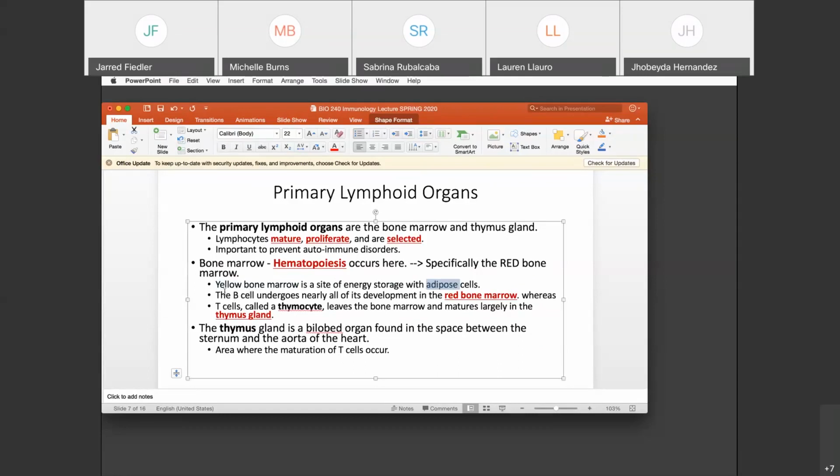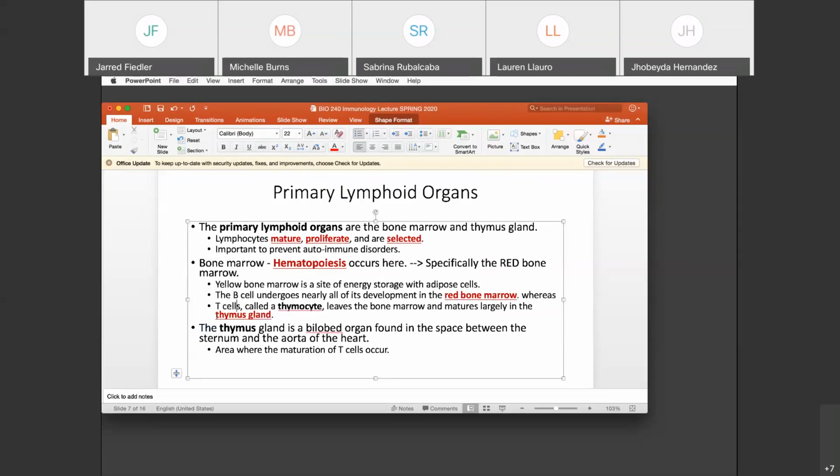Now B cells, like I said before, the three steps: maturation, proliferation, and selection. Everything for B cells occurs in the red bone marrow. The T cells, on the other hand, will undergo proliferation and a little bit of maturation, but the huge bulk of maturation and also final selection occurs in the thymus gland.